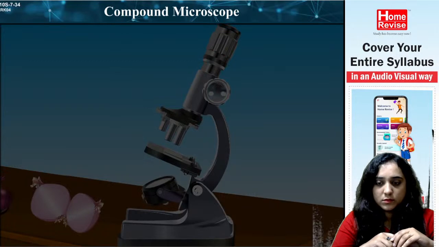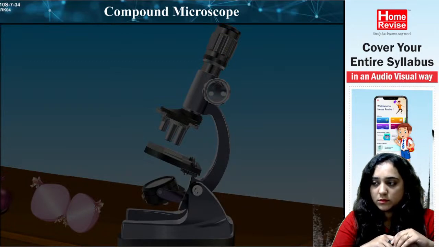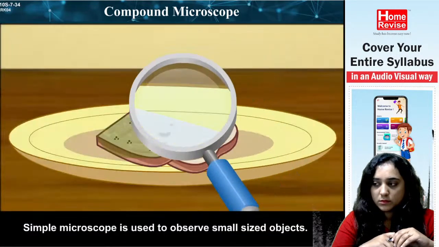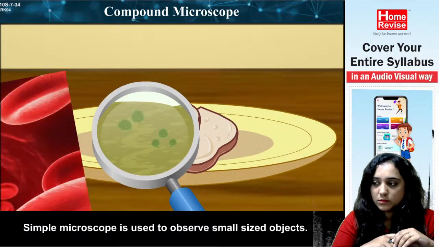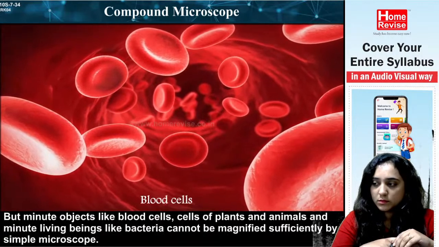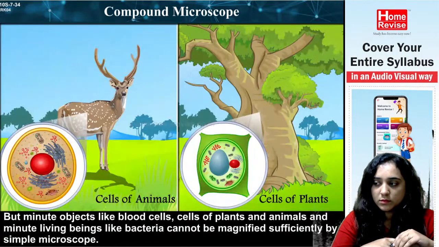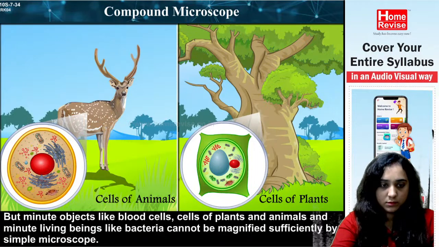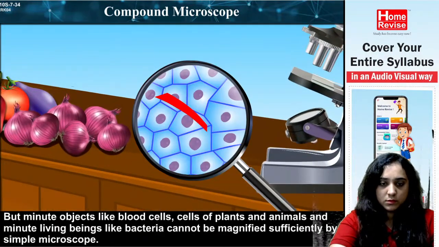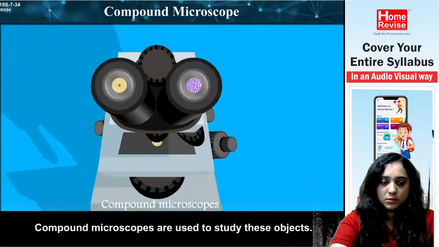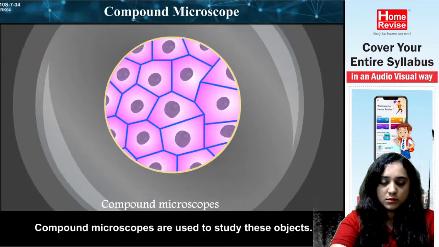B. Compound microscope. A simple microscope is used to observe small-sized objects. But minute objects like blood cells, cells of plants and animals, and minute living beings like bacteria cannot be magnified sufficiently by a simple microscope. Compound microscopes are used to study these objects.